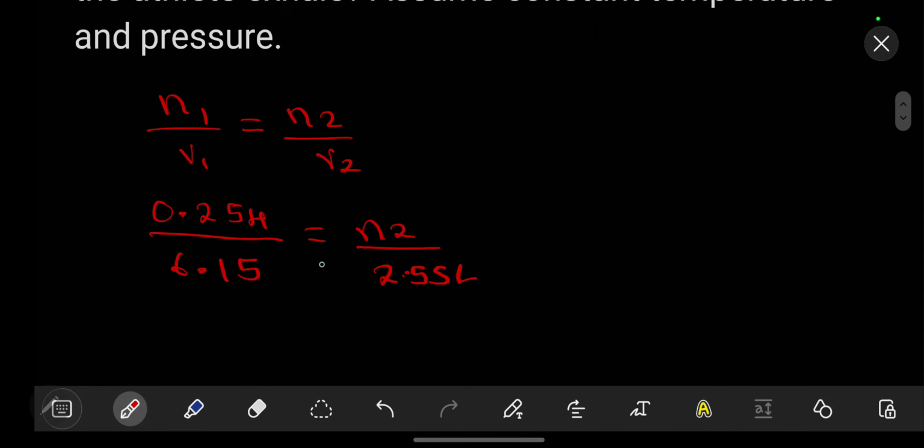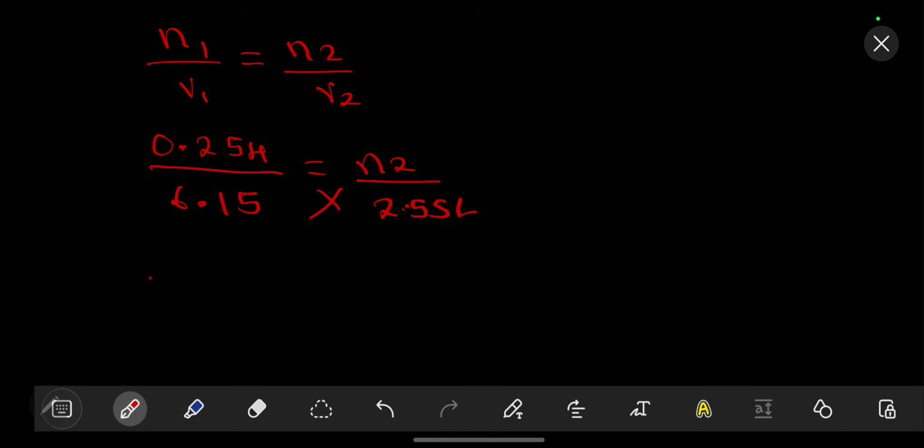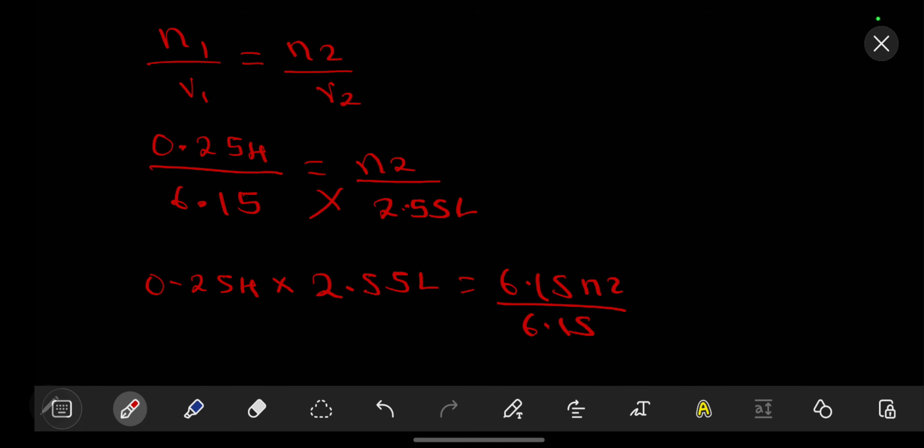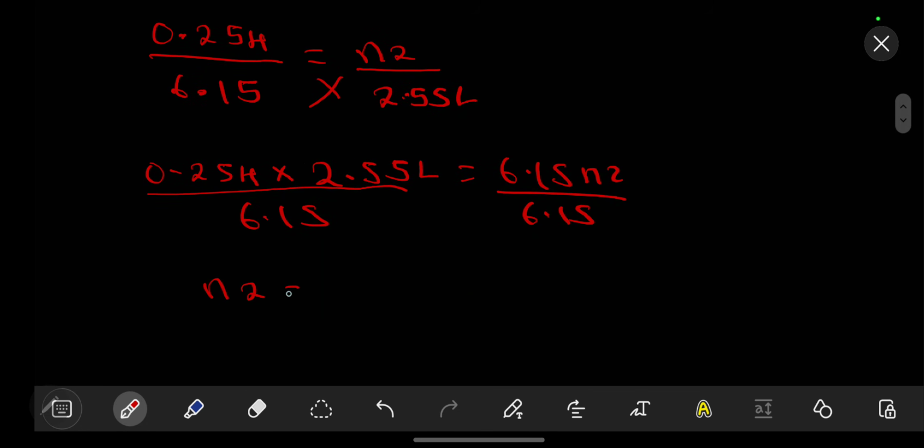So we cross multiply: 0.254 times 2.55 should be equal to 6.15 N2. Dividing by 6.15, we get our number of moles to be equal to 0.1053 moles. So these are the moles that the athlete remained with.